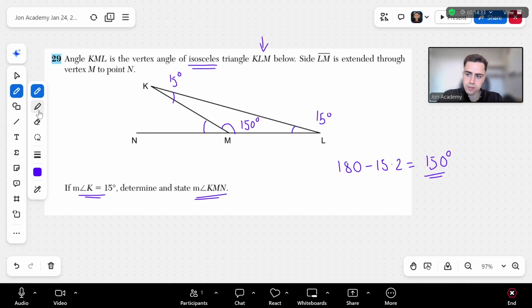And then, as this is half a circle here, no, it's a horizontal line, it has to be 180. Therefore, 180 minus 150 gets us 30. Therefore, the angle we were looking for at the beginning is just 30 here.